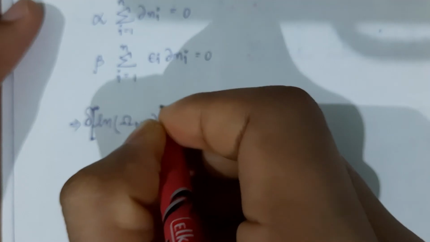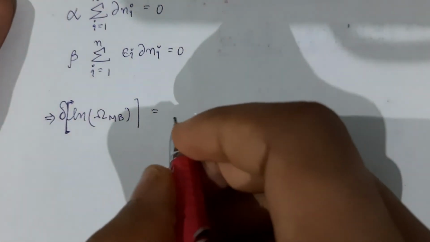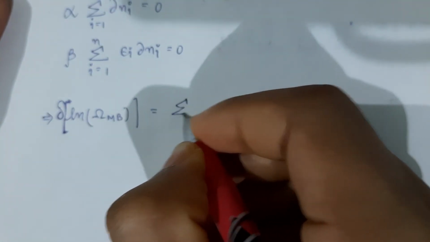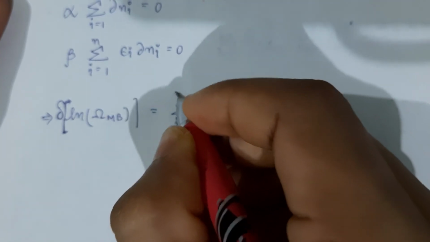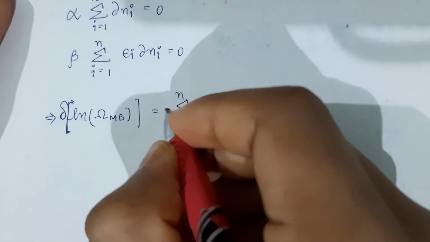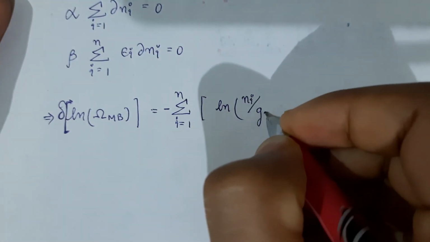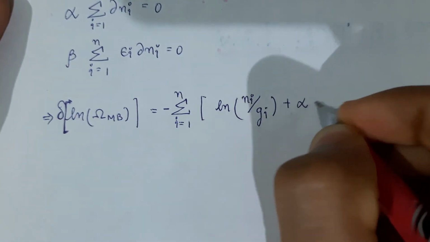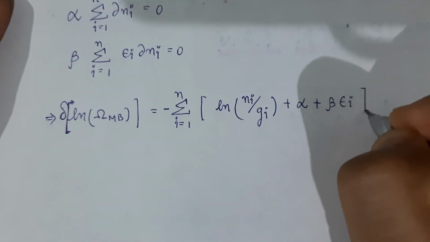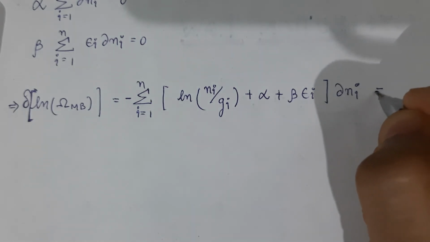So I'm going to write this as the differentiation of ln of the Maxwell-Boltzmann representative factor is equal to the summation from i equals 1 to n of, if I take a minus sign out here, ln of Ni over Gi plus alpha plus beta times Ei, d of Ni, is equal to 0.